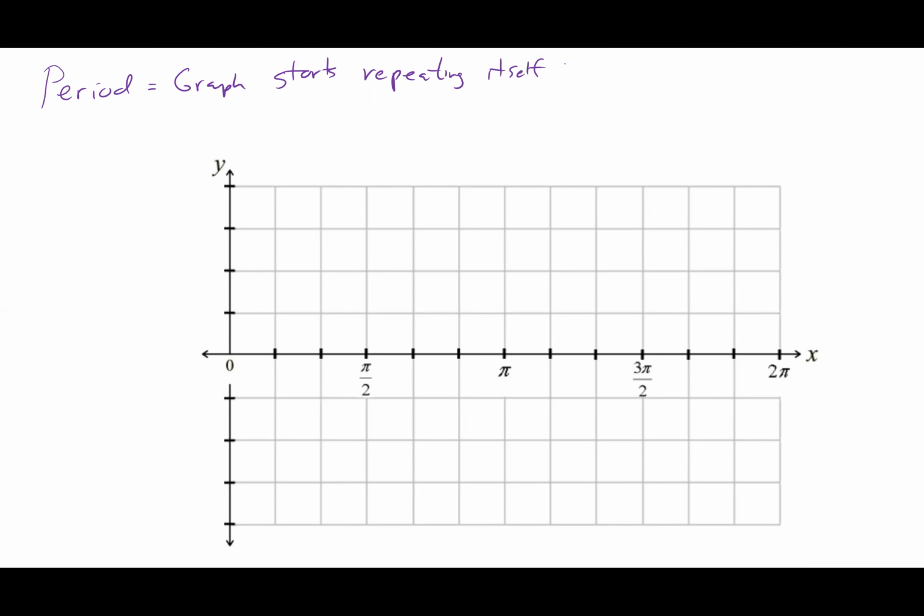Let me do the setup here. This is Example 4. Can you graph for me y equals cosine 2x? That's what I want. I want to graph the cosine of 2x.